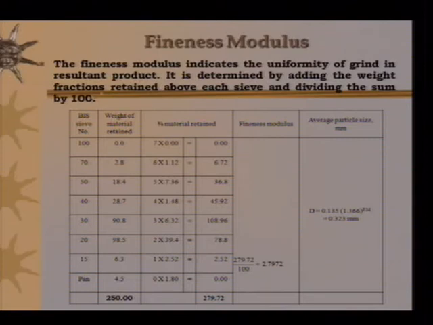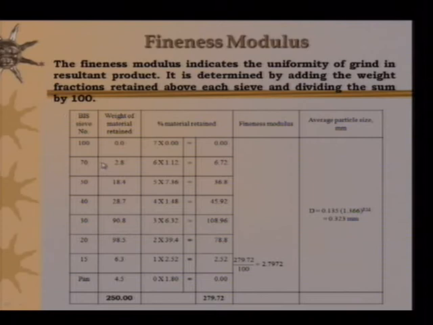Now you see here, the whole ground material is taken on a BIS sieve number 100, and the sieves are arranged as 100, 70, 50, 40, 30, 20, in descending order. The whole lump of material is kept on the top sieve, and with the help of a sieve shaker, the whole set is shaken for 5 minutes.